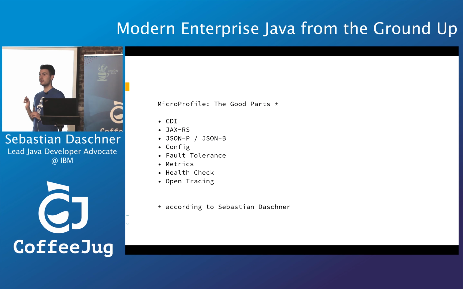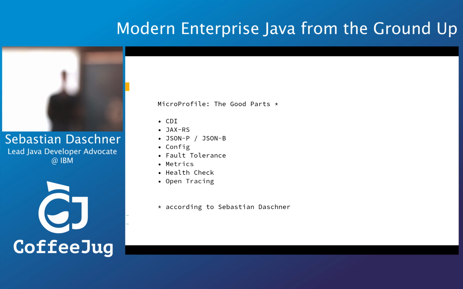So MicroProfile, if we have a look at it, what I again call the good parts that are included, we see still some things like CDI, JAX-RS, JSON-B, JSON-P. So we see it's actually based on the same technology that we had in Java Enterprise. If you know how to use CDI and injection, if you know how to use JAX-RS, then you know parts of MicroProfile already.